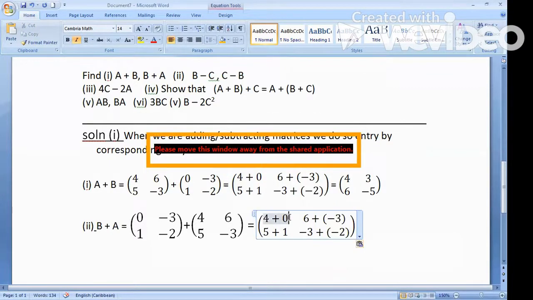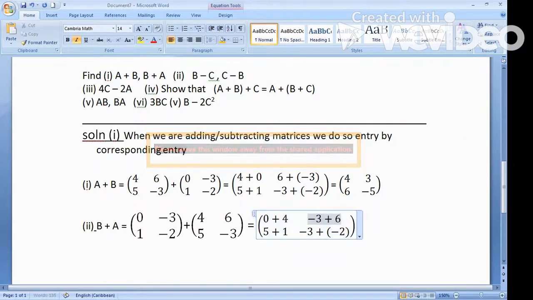I'm just going to change over this number. So basically, it's going to be 0 plus 4. And then this one over here would be -3 plus 6. This one down here, the 1 will come in front: 1 plus 5.